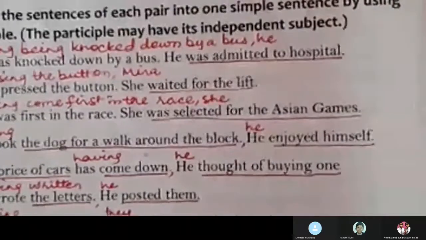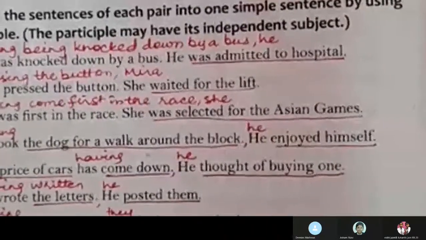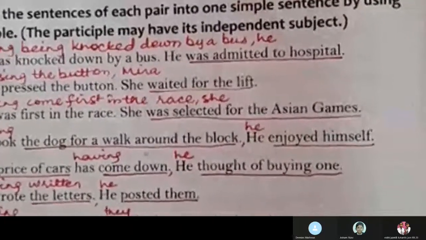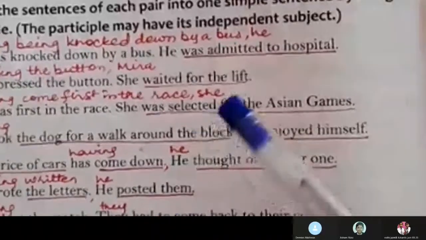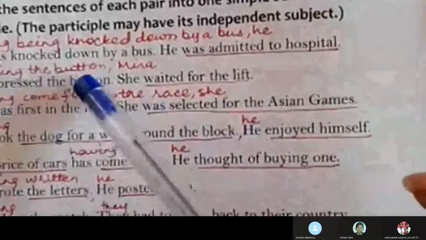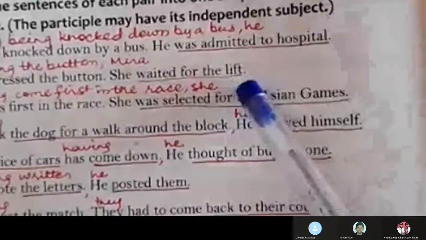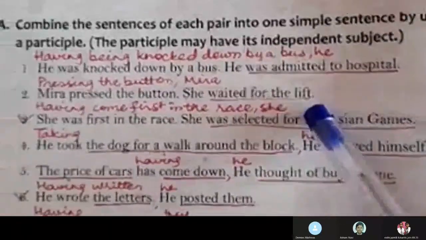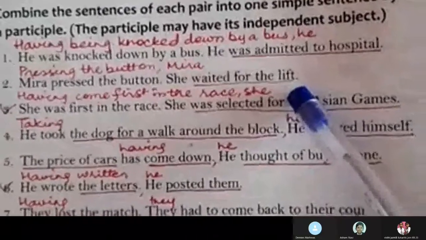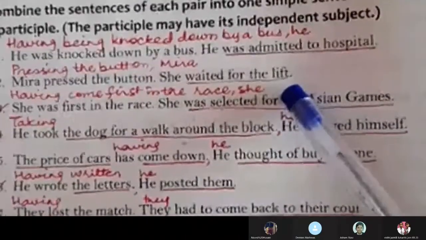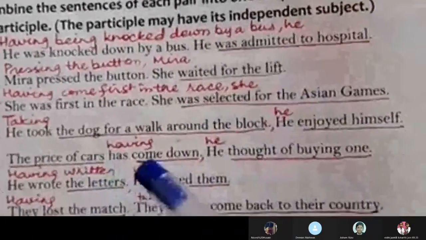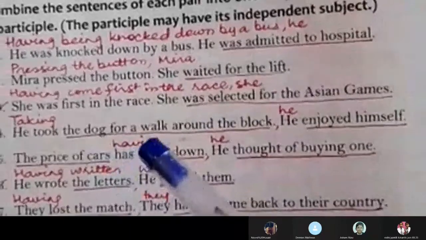Number two, Meera pressed the button. She waited for the lift. Answer, pressing the button, comma, Meera waited for the lift. Number three, she was first in the race.